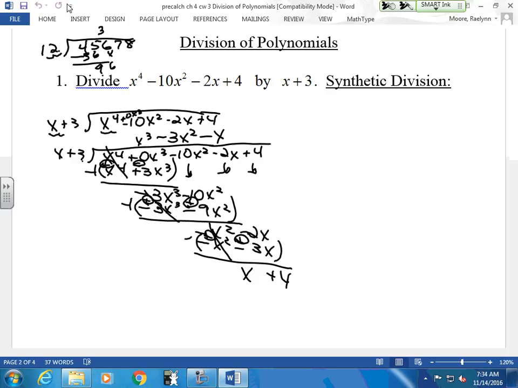So if I put this in, what times x gives me x? 1, right? Because it is x, so I'm just going to multiply it by 1. So I bring this down, and I subtract. This becomes a negative, this becomes a negative, and I add. So I have a remainder of 1.